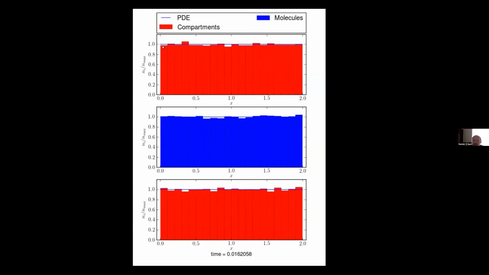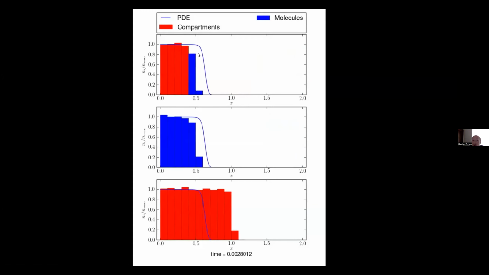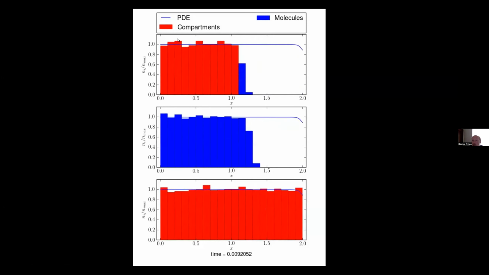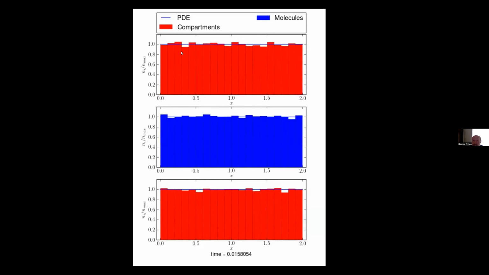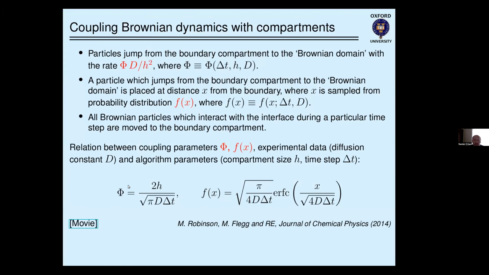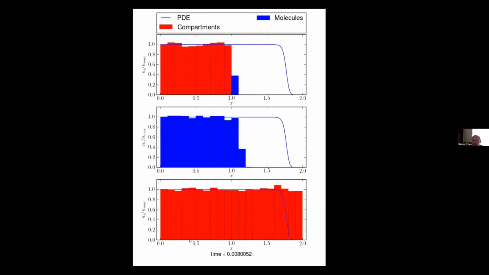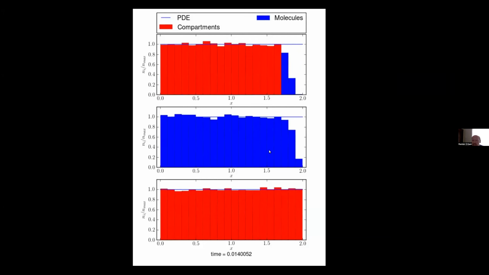This blue line is a partial differential equation, a solution by reaction diffusion PDE, a traveling wave. And now what I'm showing here in red is compartment-based modeling. Can I just run it again? So compartment-based modeling is in red, and molecular-based modeling is in blue.